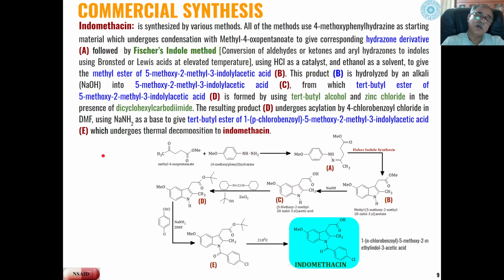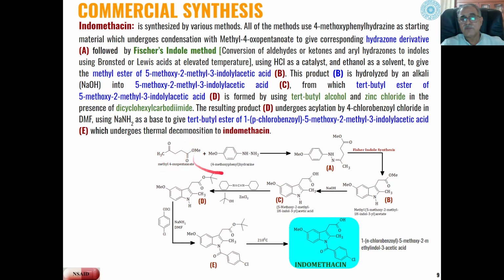Then another commonly used antipyretic compound is indomethacin. Indomethacin is basically an indole derivative, synthesized by Fischer indole synthesis, which is very commonly used in heterocyclic chemistry. The starting material is methyl 4-oxopentanoate.